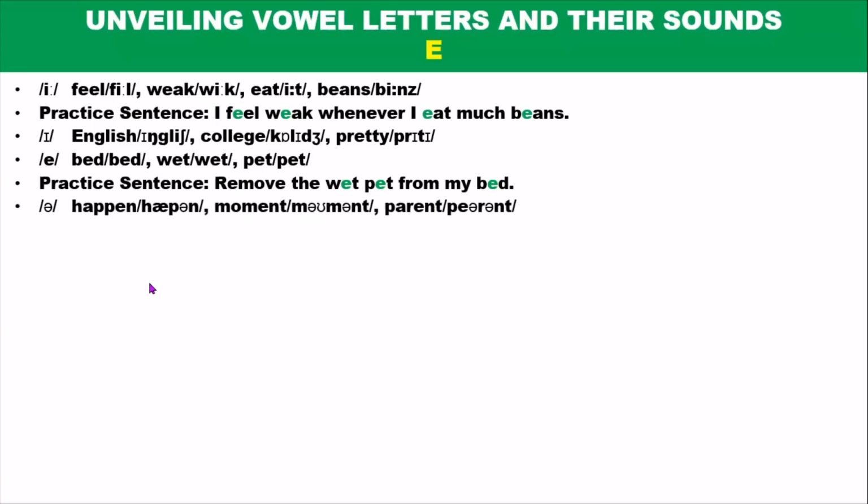The next sound is a schwa. Now, you can see that the schwa sound is represented by virtually all the vowel letters, okay? So the letter E represents the schwa sound, and the schwa sound is the unstressed vowel sound, the most frequently unstressed vowel sound in the English language.